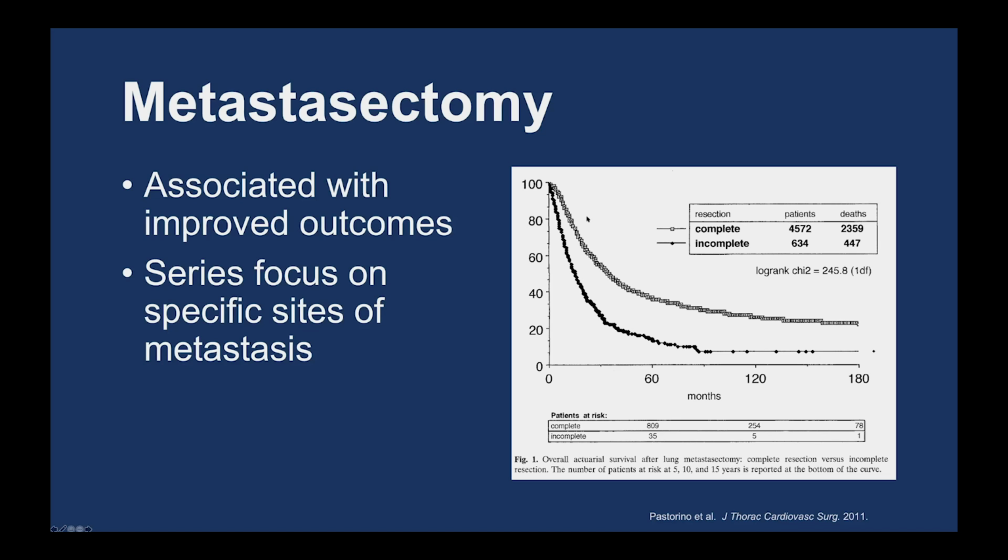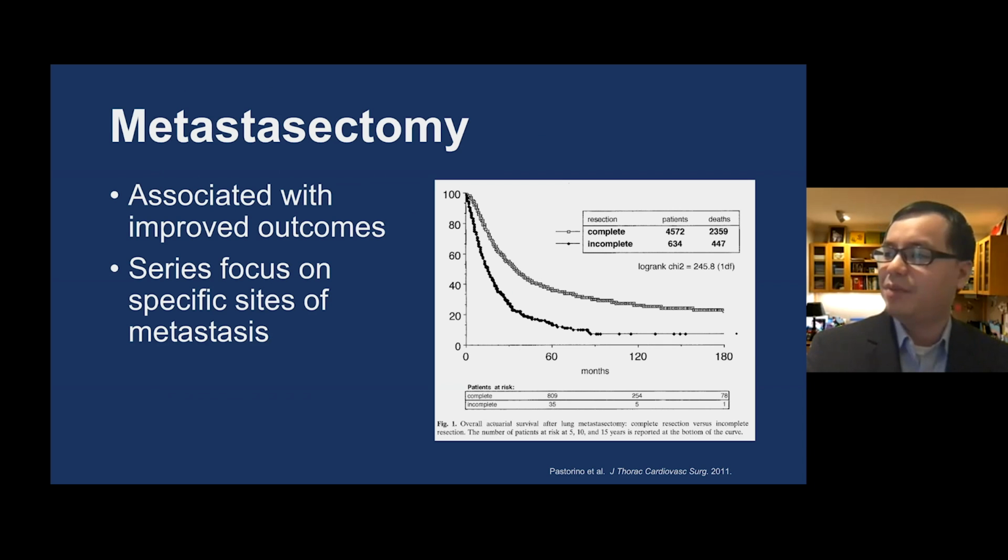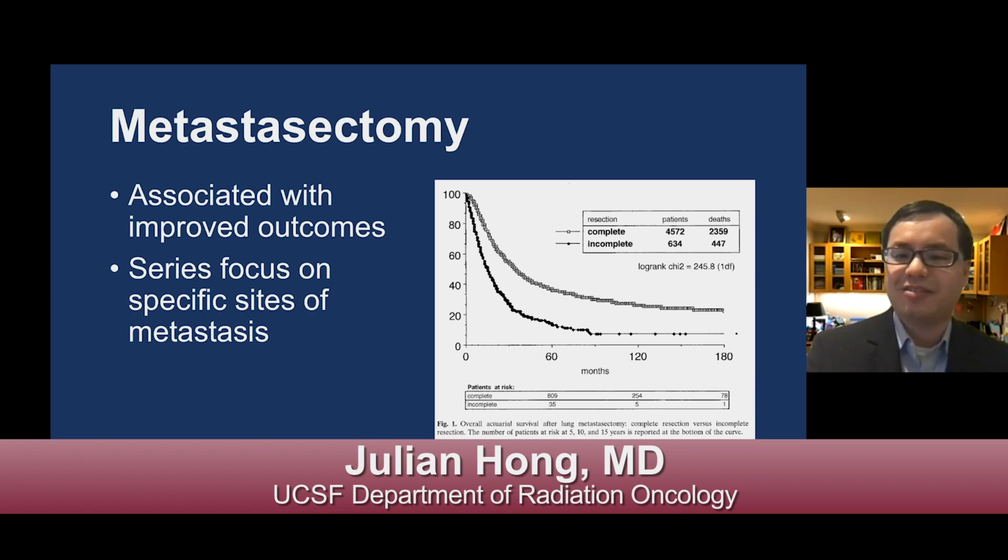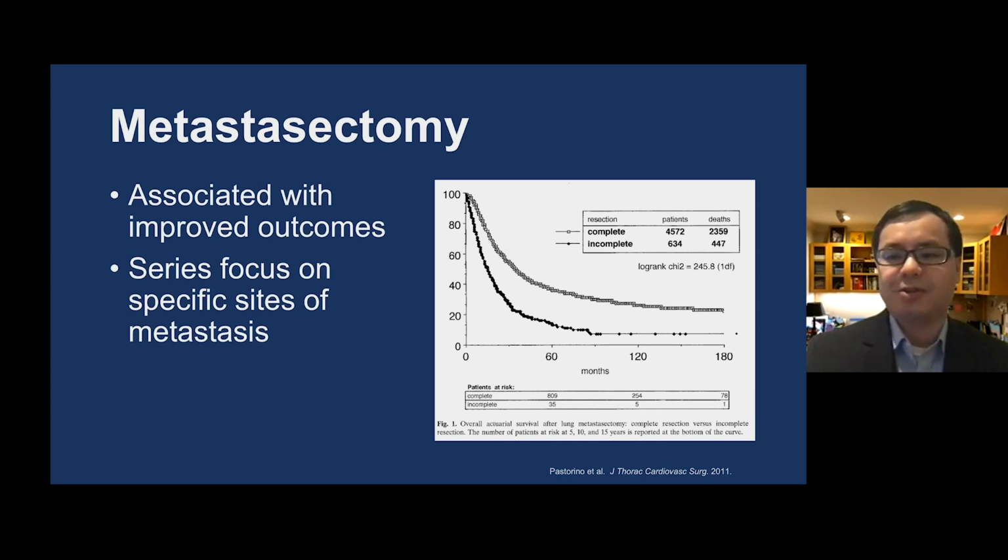This was an observational study, so it has some caveats of not being randomized, but it was these early surgical series that suggested that patients may have improved outcomes while trying to treat localized areas of cancer definitively. Most of these early series focused on specific sites where cancer had spread before, so in the lung or in the liver or other specific sites like that.